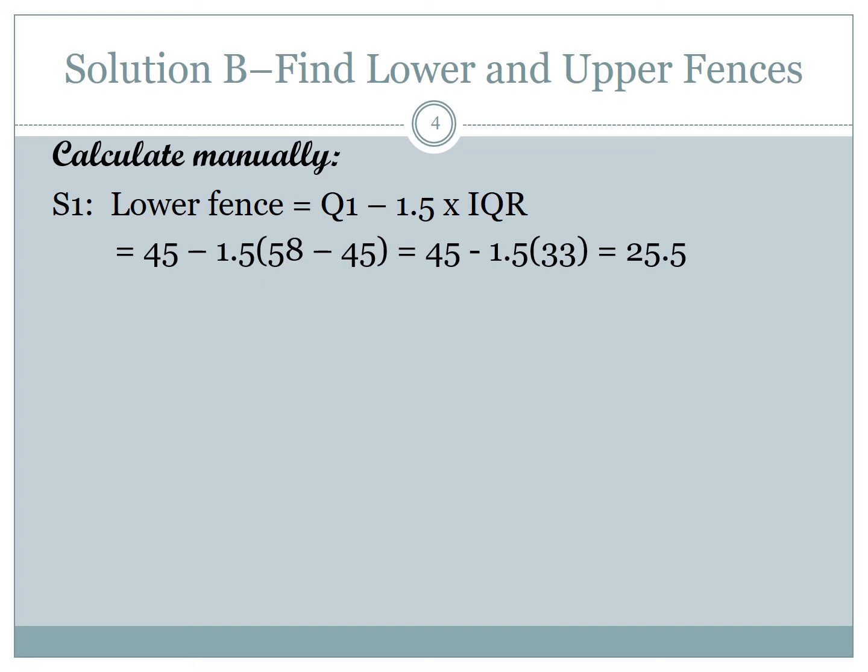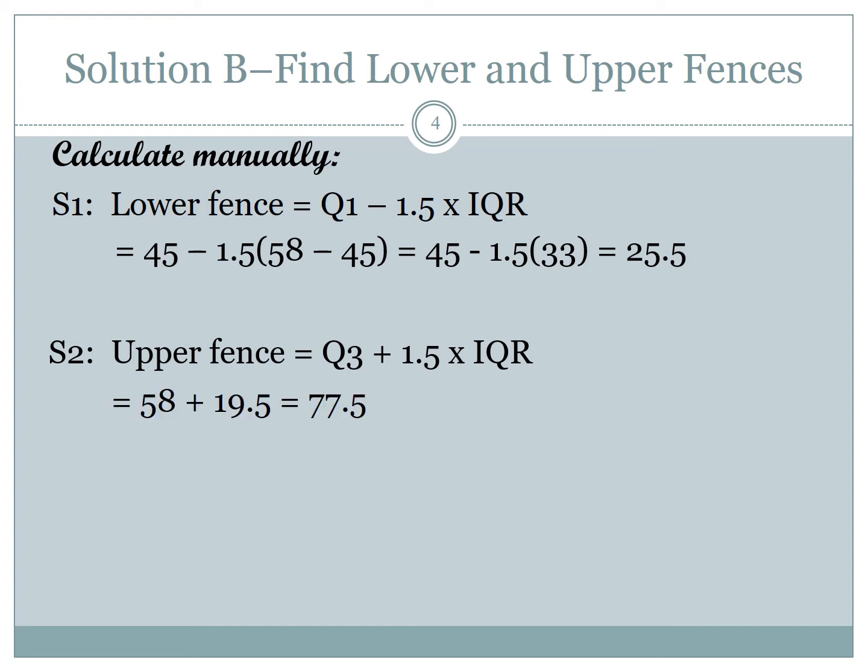25.5. So now let's go to the upper fence. The upper fence, on the other hand, is 1.5 times the IQR further up or further to the right. So we add that, which is 1.5 times IQR, which is 19.5, to Q3, which was 58, hence we get 77.5.